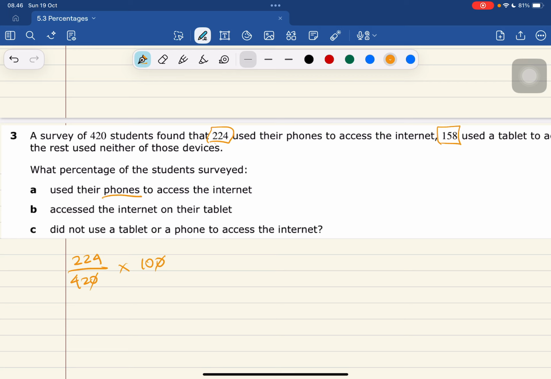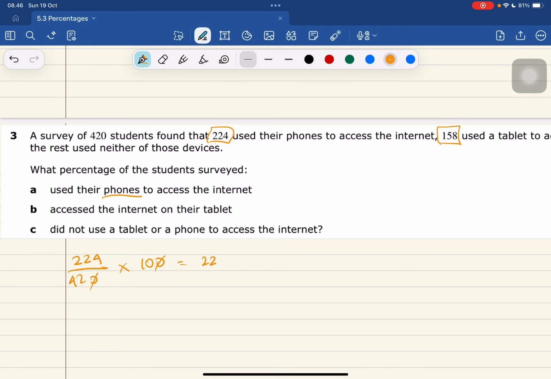224 divided by 4. Okay, here we divide by 4. Here no, we cannot divide by 4. So let's divide by 2. Let's divide by 42.